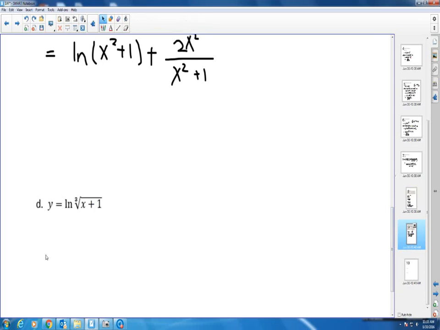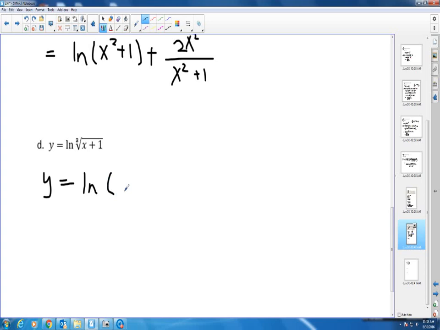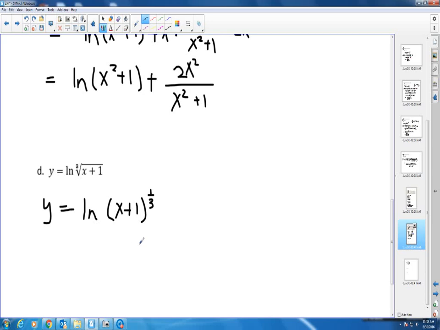The reason why this is a little more complicated is because if I rewrite this problem, that will be y equal to natural log of x plus 1 to the 1/3 power. Okay, so this is actually two chain rules put together. Two different chain rules put together.